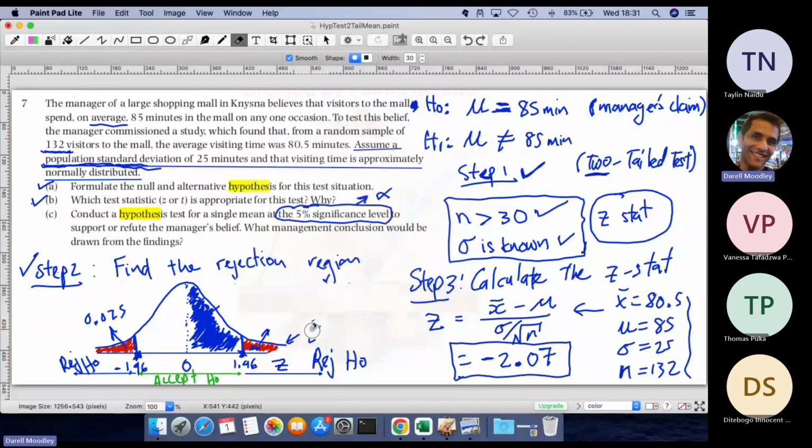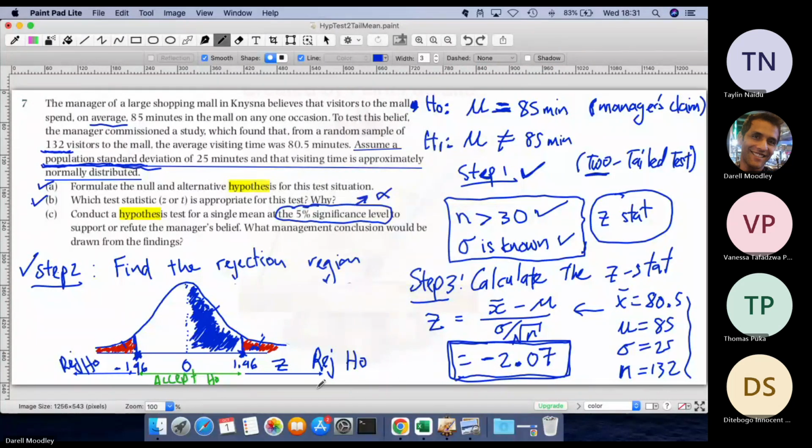You don't need this anymore. All you need to do is check where minus 2.07 lies on the z-axis. Does it lie in the acceptance area, the green area, or does it lie in this red region?